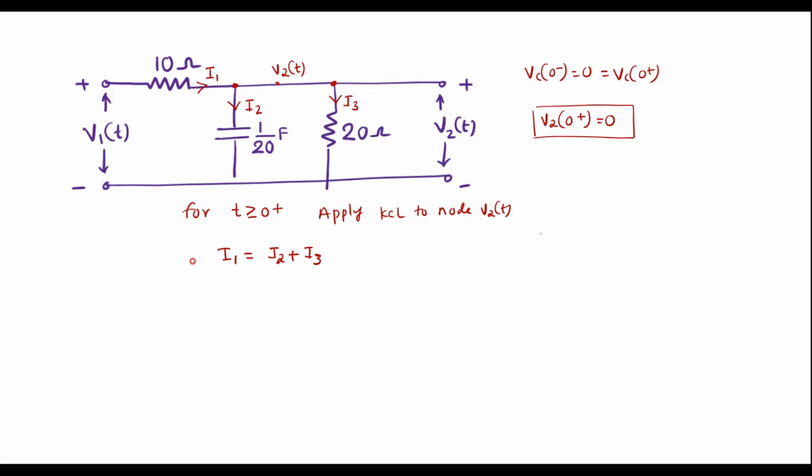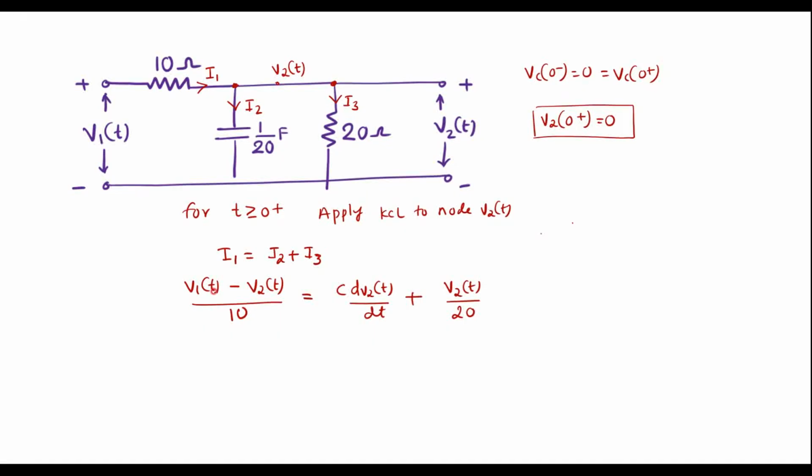I1 is V1 of t minus V2 of t divided by 10, which is equal to I2, the current through the capacitor, given by C dV2 of t by dt, plus I3, the current through this resistor, which is V2 of t by 20.